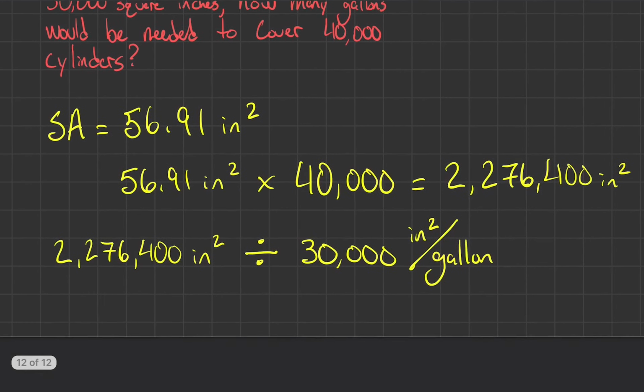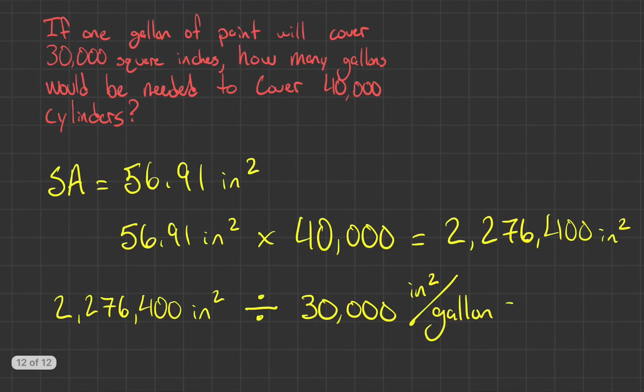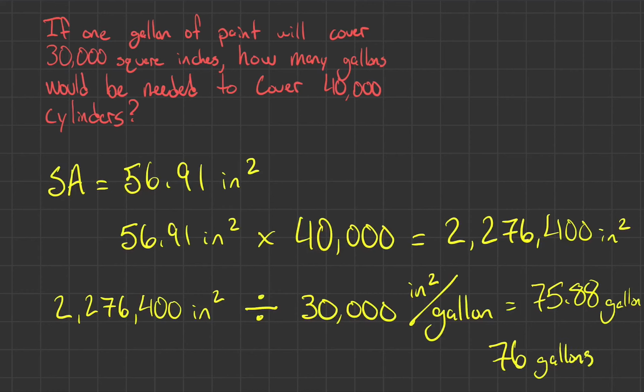Okay, and that is going to give us 75.88 gallons. Or if I'm going to the store and buying gallon pails, we should really just get 76 gallons, and I'll have a little bit of extra paint at the end.